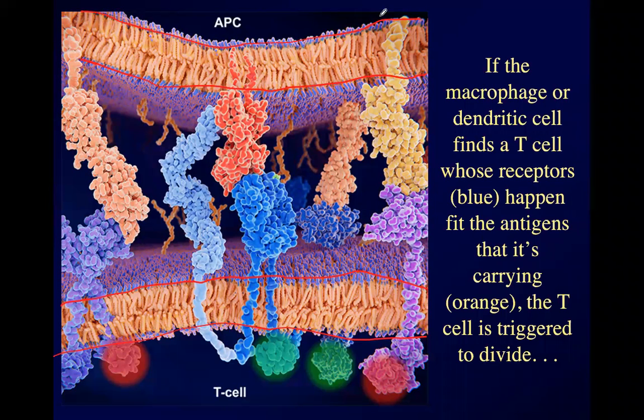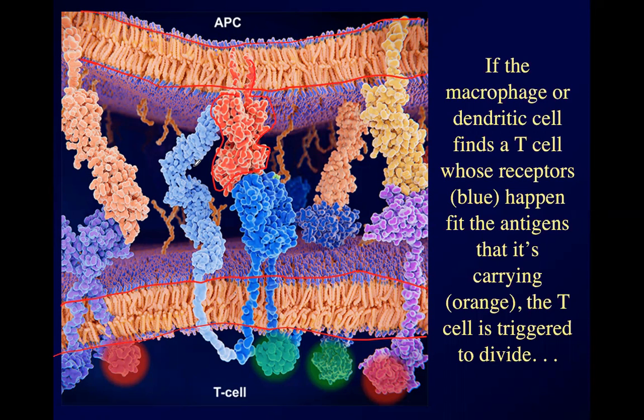Up at the top, that's the outer membrane of the macrophage or the dendritic cell. It's called APC, that stands for antigen presenting cell. And stuck onto the outer membrane is this thing in orange, and that is some kind of fragment of whatever pathogen is making you sick.